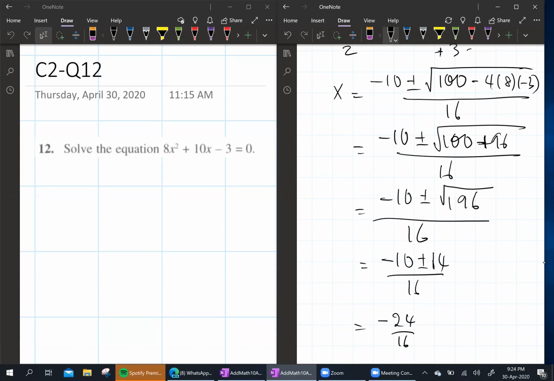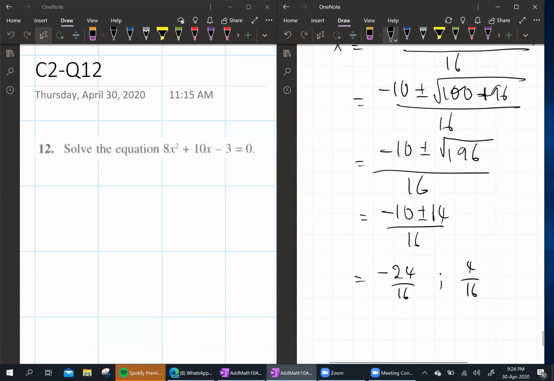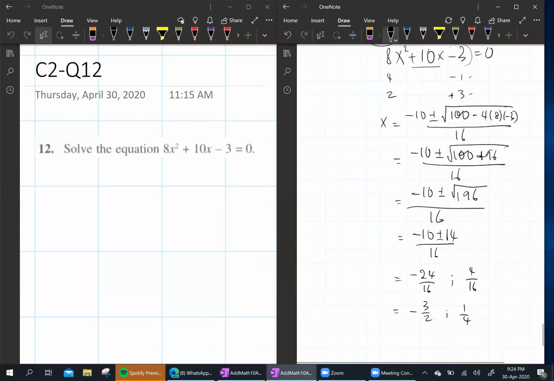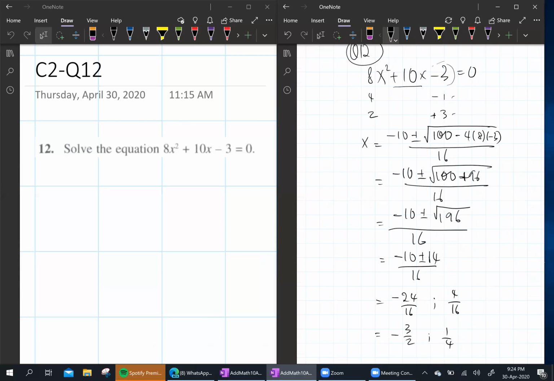4 over 16. All right. This is minus 3 over 2, and 1 over 4. So if you use the formula and factorization, you get the same answer.